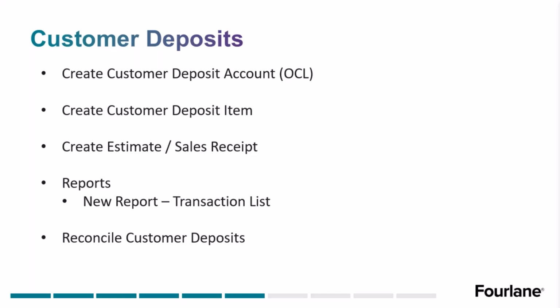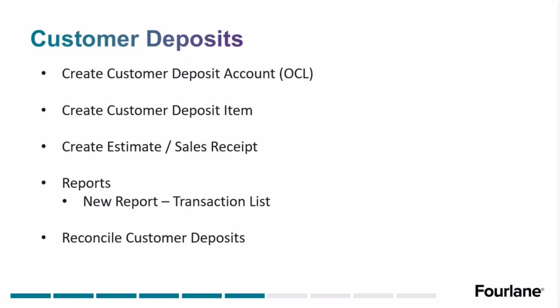They do some kind of cell phone tracking for other people, and they take a customer deposit of $100 for every account that they're monitoring, and then they gradually release against that deposit over the course of the contract, over the course of the year. So anyway, lots of different ways we see customer deposits.